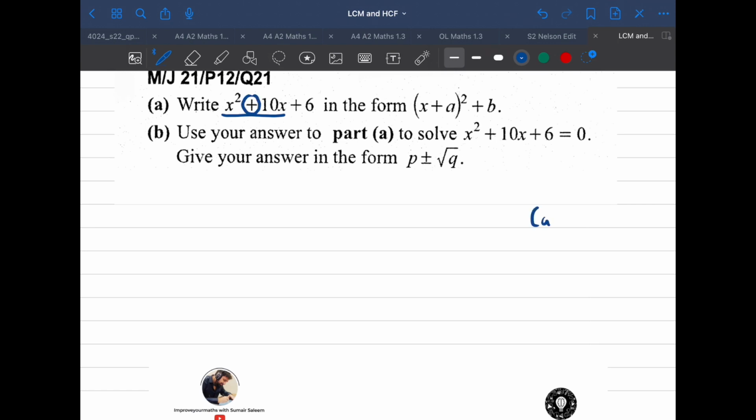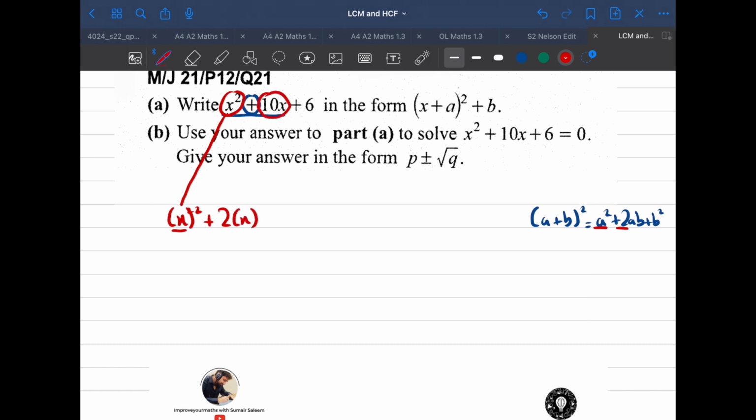That means I need to play with the identity (a plus b) whole square, that's a square plus 2ab plus b square. Do you get this? Now instead of a square, what's written, guys? x square. Do you get this? Plus, guys, 2 into what's the value of a? Instead of a, it's what? x. So you wrote x here.